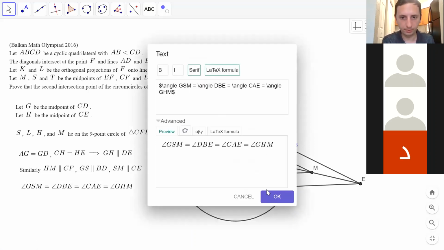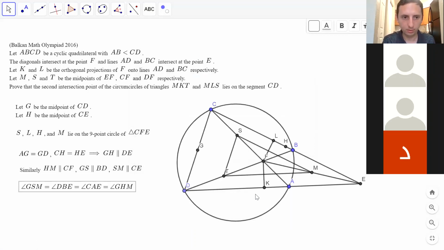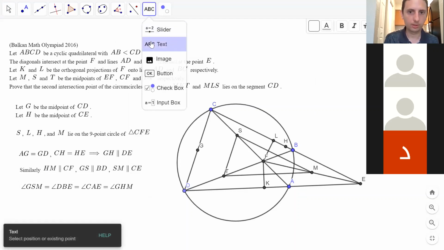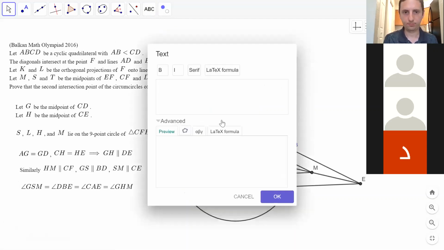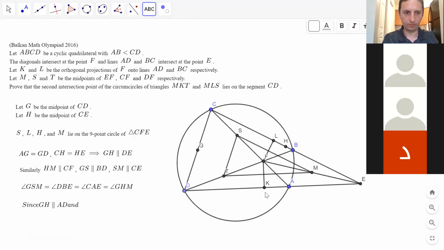So that's because AD is parallel to GH. And there's one other one too.